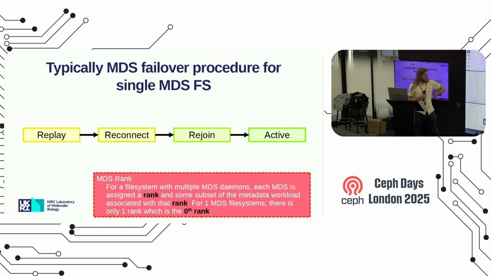And finally, after doing that, it then enters this rejoin phase, which is where it reestablishes locks on the metadata. And if you've got multiple MDSs active, that's when this new standby MDS then rejoins the cluster's metadata cache, which is the cache which is shared between the various ranks on the file system.